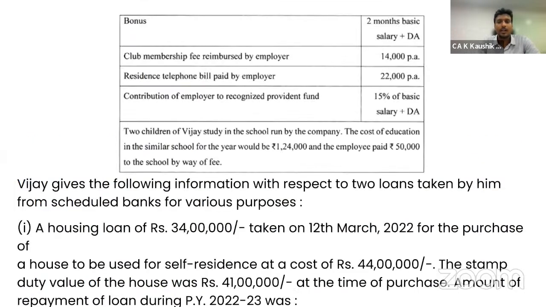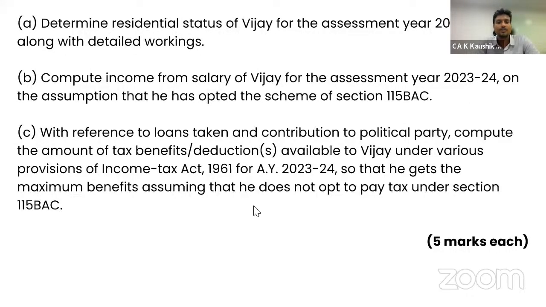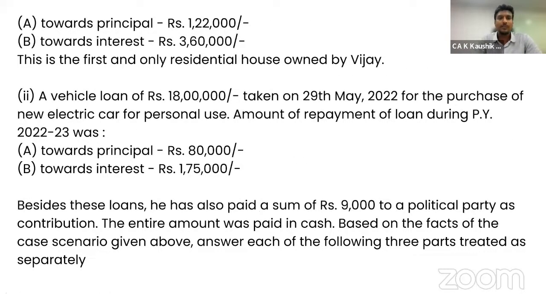And at the time of purchase, the amount of repayment of loan during 22-23 is given here: principal 1,22,000 and interest 3,62,000. Okay, the first and only residential house owned by Mr. Vijay.